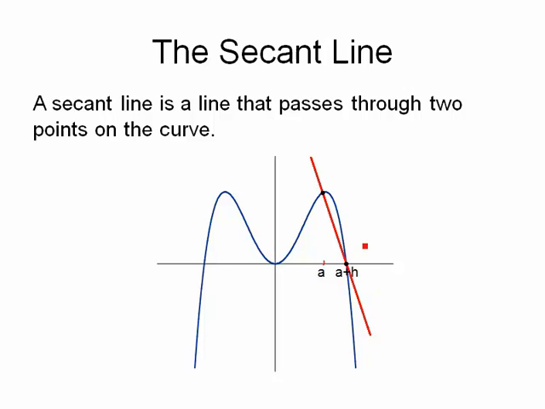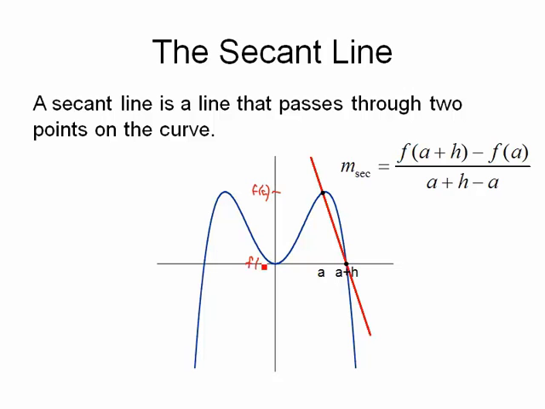So if we want to find the slope of this secant line, all I have to do is look at the different values here. So at A, the value of the function is f of A, and at A plus h, the value of the function is going to be f of A plus h.